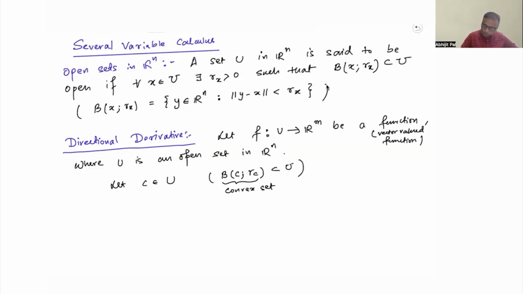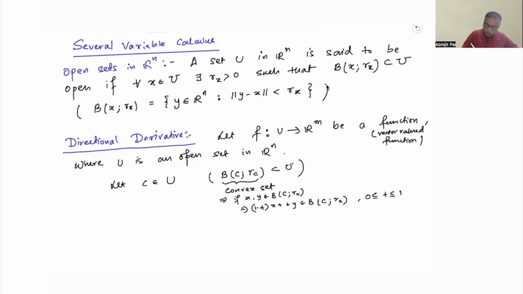So if x and y belong to this ball, the convex combination tx plus (1 minus t)y also belongs to this ball, where t varies from 0 to 1.